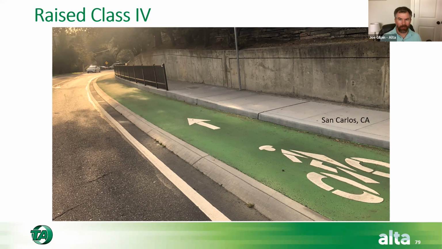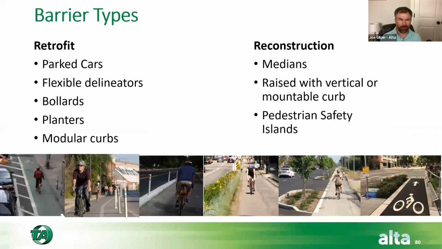Now, we had a question a little bit ago about what types of barriers can last longer. And what I found in my journey through the last decade of designing these types of facilities is that it's really easy and quick to put flex posts in to get that type of separation. But as was noted, there is a maintenance issue that goes along with those.